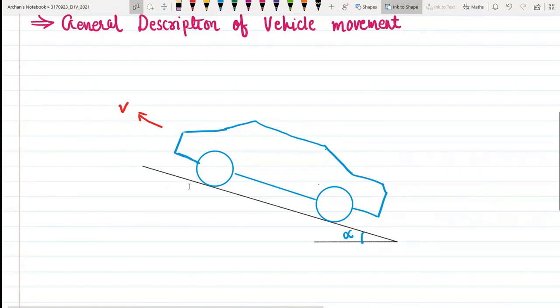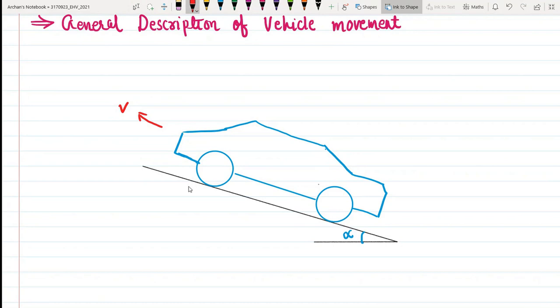This tractive effort is produced by the power plant torque, and it is transferred through the transmission and finally to the drive wheels. While our vehicle is moving, there will be a resistance that tries to stop the movement of the vehicle, right? And this resistance usually includes tire rolling resistance, aerodynamic drag, and uphill resistance.